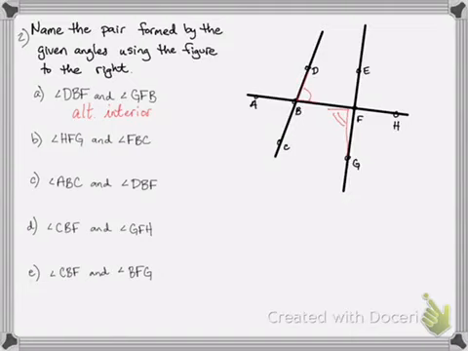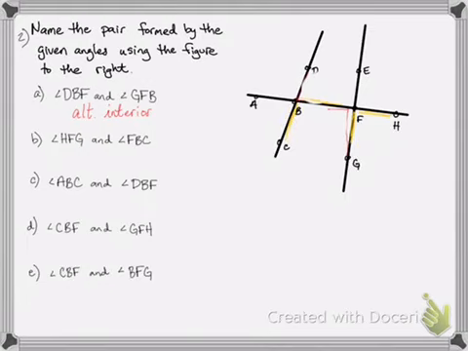Up next, we got HFG. Actually, let's erase some of our marks over here. It's going to get real cluttered real fast. HFG is this guy. And we're looking at HFG and FBC.